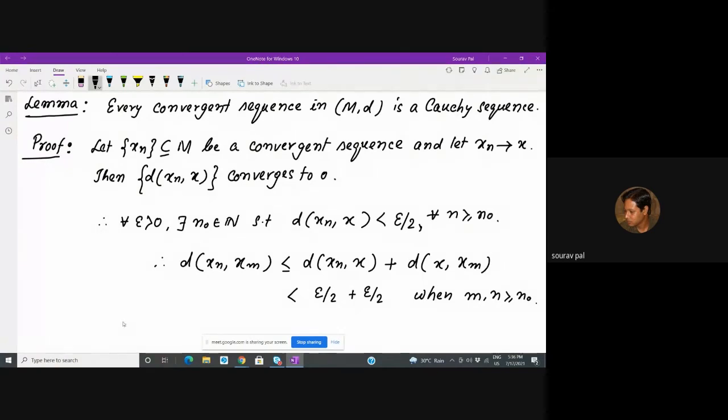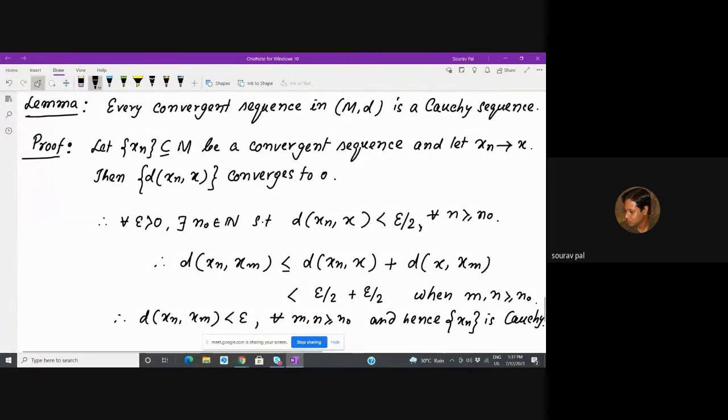Therefore, we have what we wanted: it is less than epsilon for all m, n greater than n naught, and this is Cauchy. So this converges to 0 as m, n go to infinity, and consequently it is Cauchy. So every convergent sequence is a Cauchy sequence. Does the converse hold?